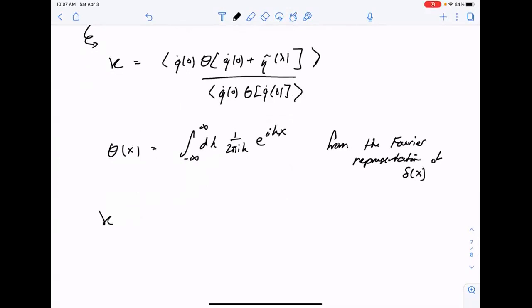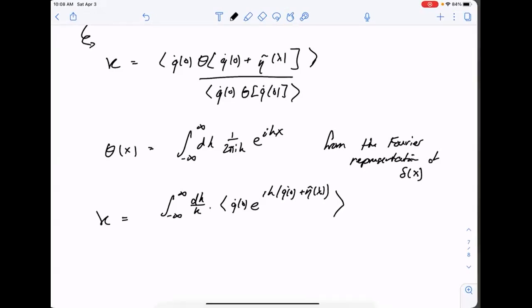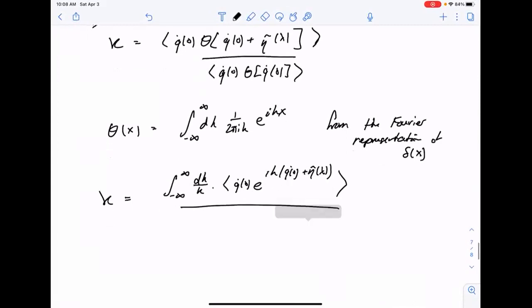Inserting that into kappa, that's in the numerator.